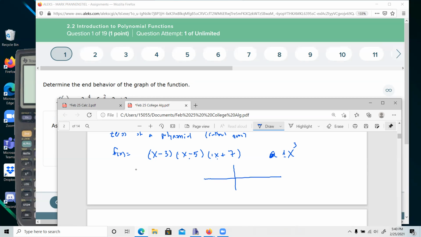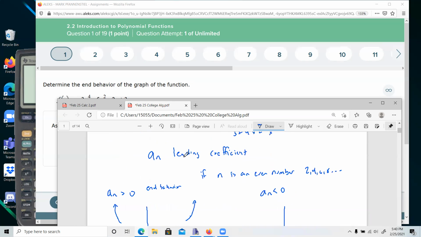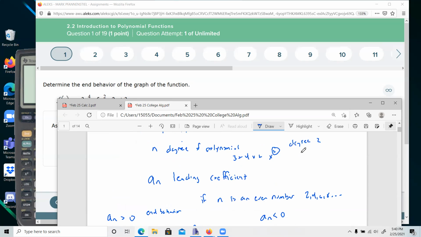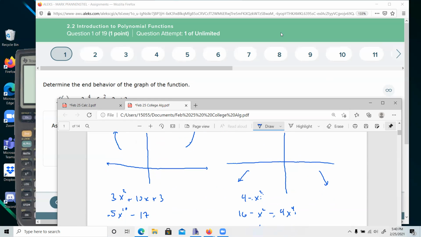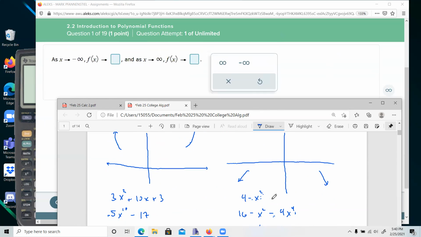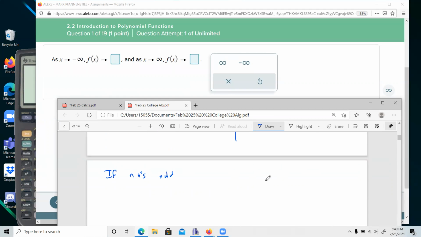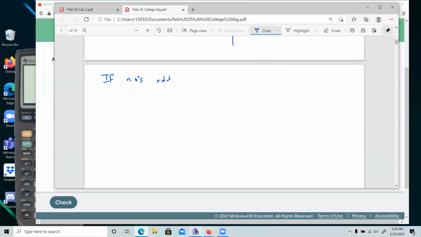So I know that my, oh, we're not done yet. I only covered half of it. We said if n is an even number, what about odd? Okay, like in this case, what about odd? Okay, I know we have more to say about that. If n is odd, okay, and again, it breaks down between what the leading coefficient says.